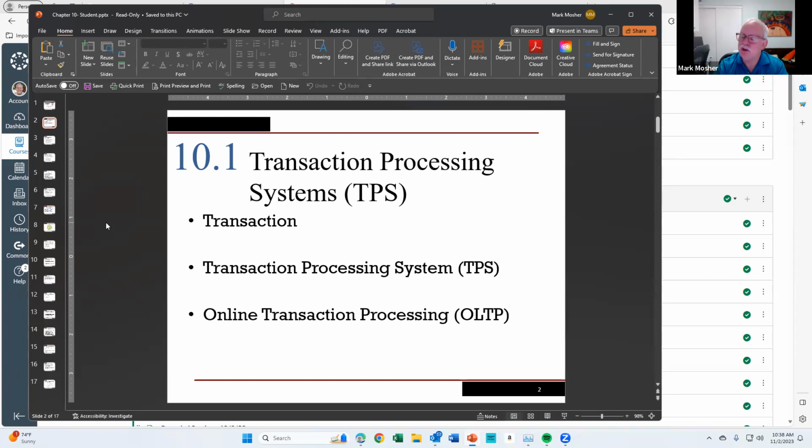It's those steps that you do to accomplish your tasks, if you're manufacturing something, or if you have a service related task. So a transaction is the processes or the things that you do in order to provide your product or service. Then a transaction processing system is an automated system that goes through and does those kinds of things for you.